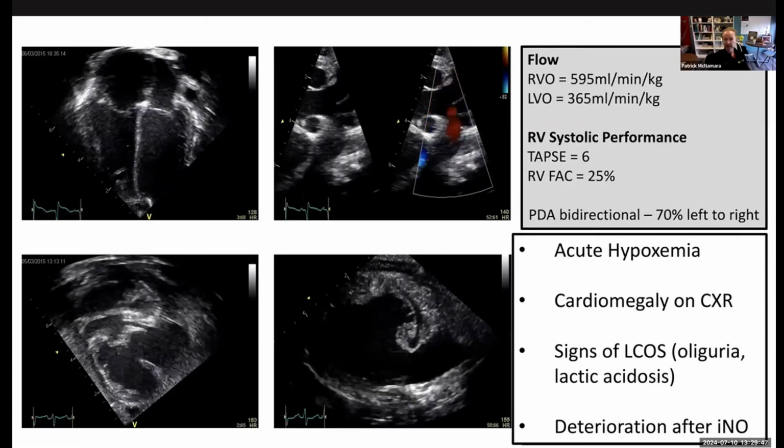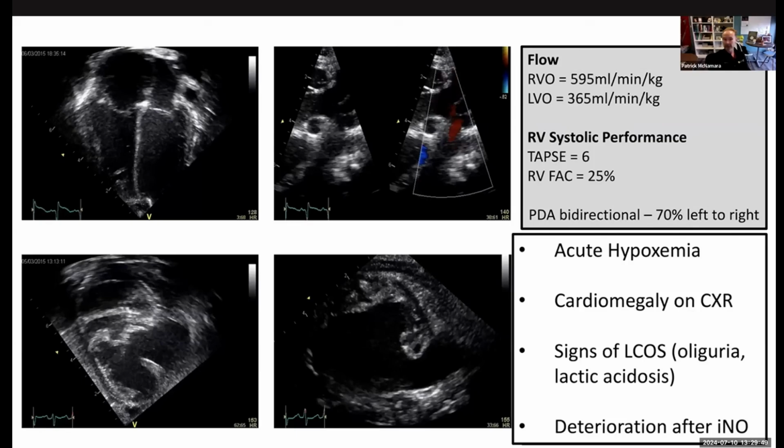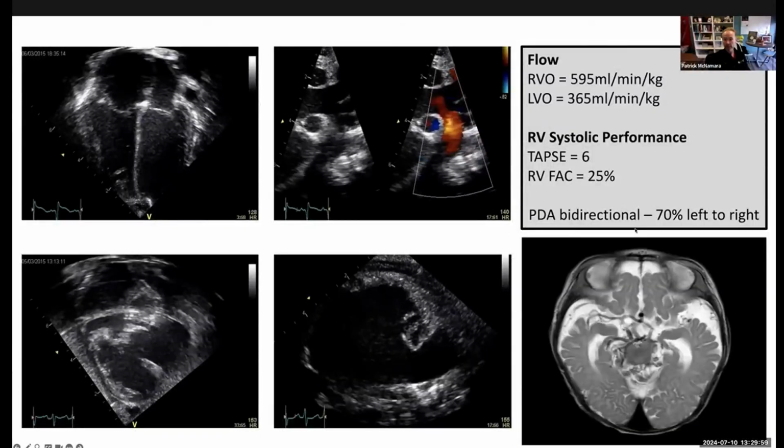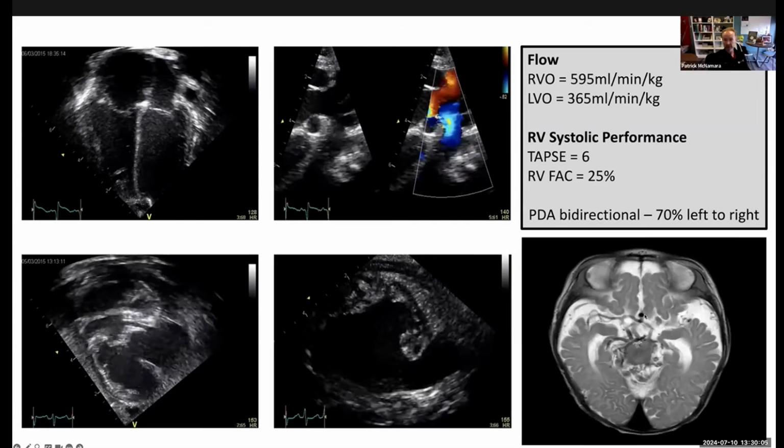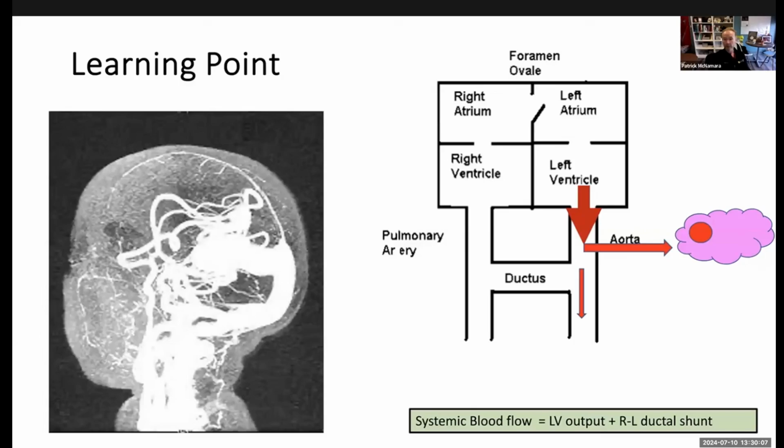When the baby came to our center, our echocardiogram demonstrated the infant did have suprasystemic pulmonary hypertension, but had high flow, with very high right and left ventricular outputs. When we went on and did further imaging, we demonstrated that the infant had an arteriovenous malformation of the brain. So important to recognize that pressure is not just driven by resistance, it's also potentially driven by flow.